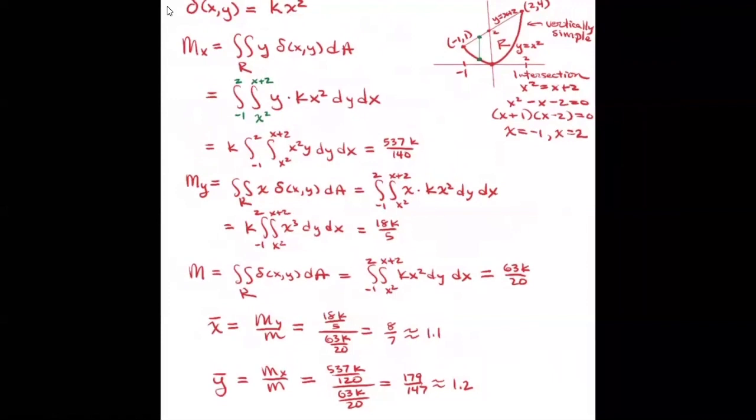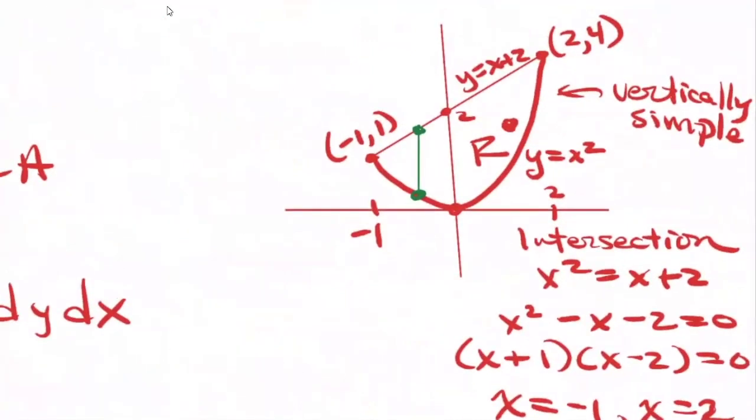Now it looks way off. 1.1, 1.2 is going to be over here. Now I've drawn it in like this. So that's the center of mass. Actually, it's off a little bit. I forgot where 1 is. So if this is 1 right there, 1.1, 1.2, it's going to be right about here.